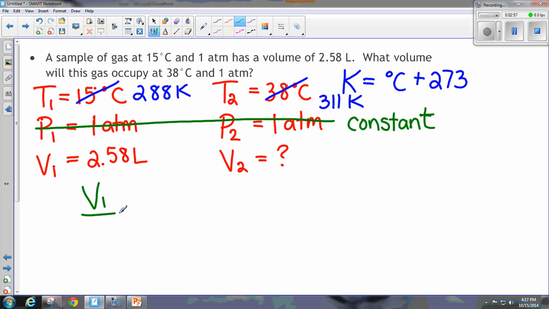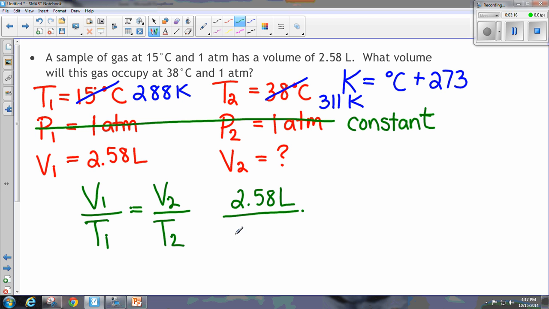So V1 over T1 equals V2 over T2. So now I can just plug my information in. V1, 2.58 liters over T1, 288 Kelvin.